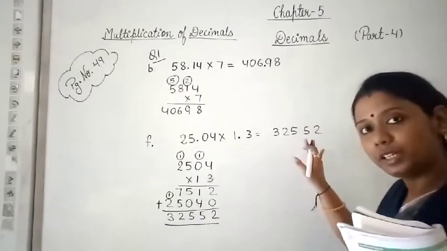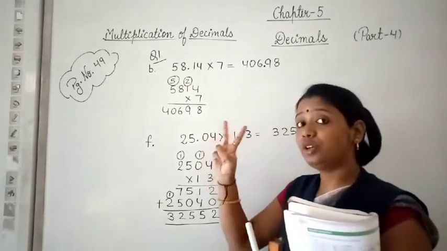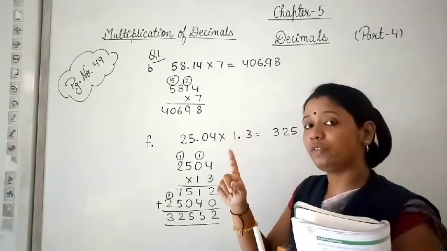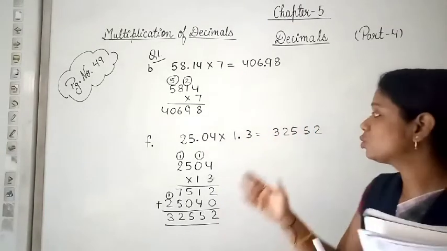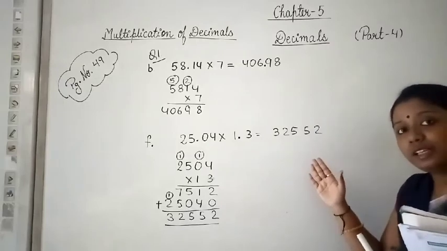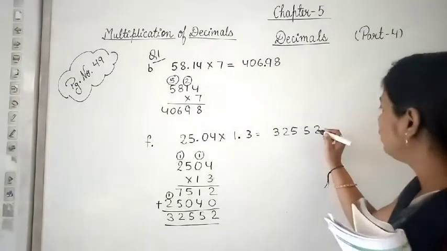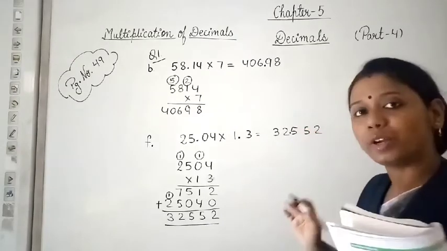Then it has a decimal point after 2 digits, and it has a decimal point after 1 digit. So we will add 2 plus 1, that is 3. So in our answer, we will insert the decimal point after 3 digits. So here we will write 1, 2, 3 and then point.